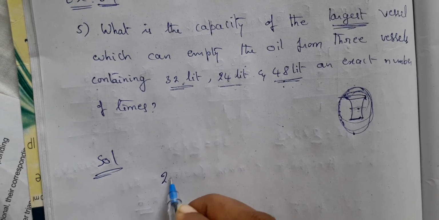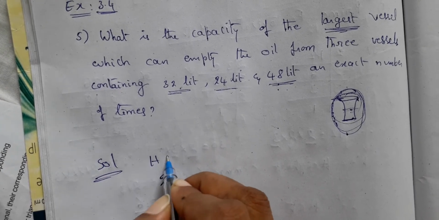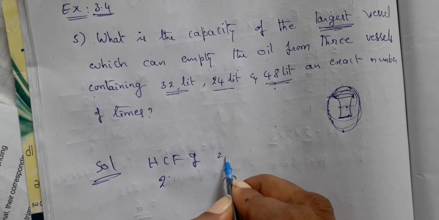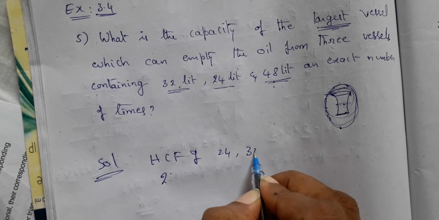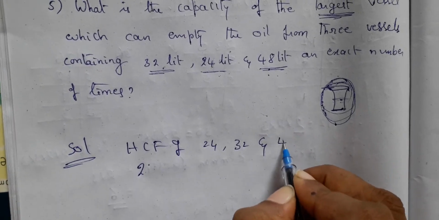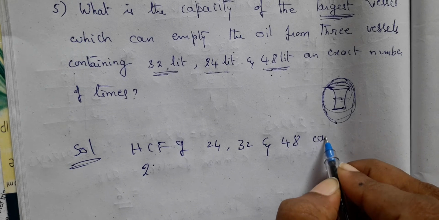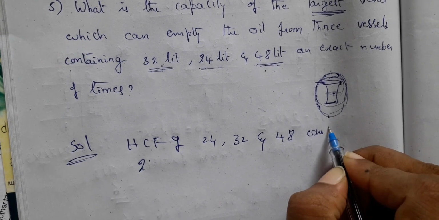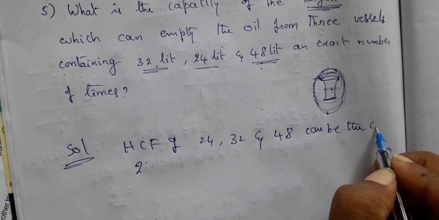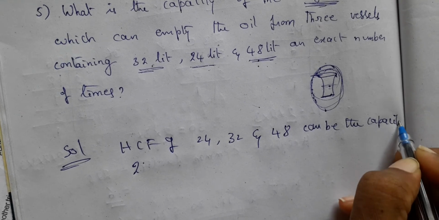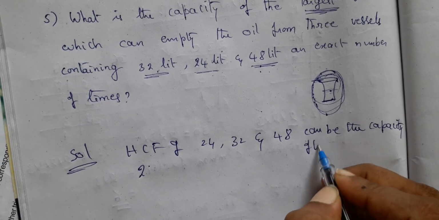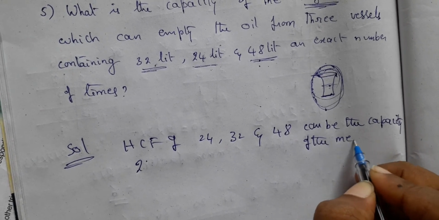So what is that? 24. Now the HCF of 24, 32 and 48 can be the capacity of the measuring vessel.